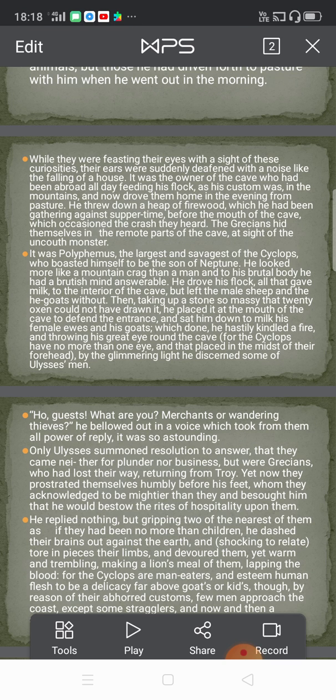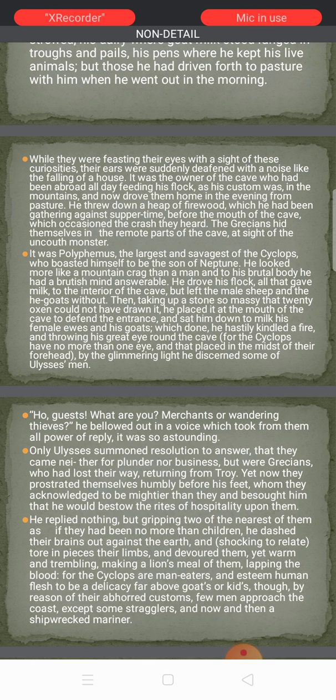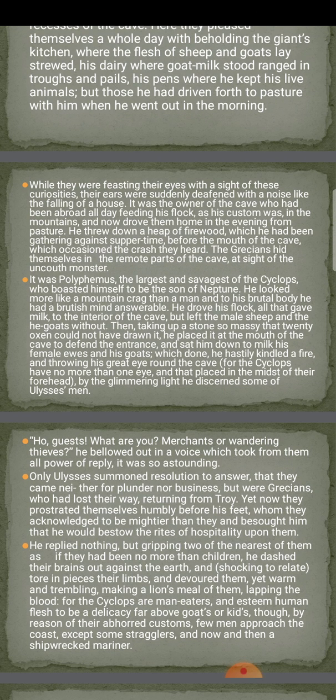Troy is also a place in Greece. Yet now they prostrated themselves humbly before his feet, whom they acknowledged to be mightier. Mightier means stronger than they, and besought him that he would bestow the rights of hospitality upon them.